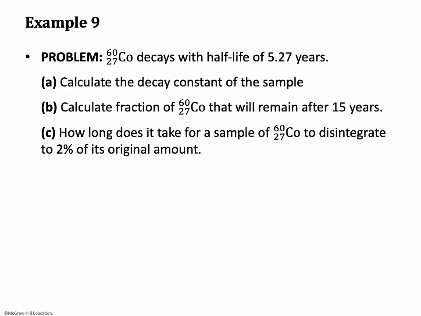Last example that kind of compiles everything is cobalt-60 decays with a half-life of this, so this is t half. Calculate the decay constant of the sample. Decay constant means the question is asking what is k. We know that t half is ln2 over k, which means k is ln2 over t half.